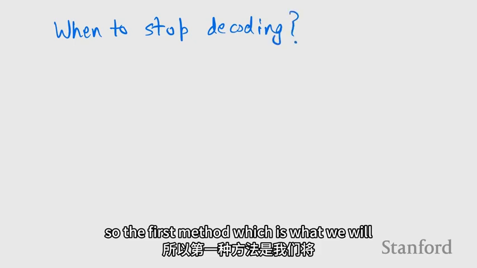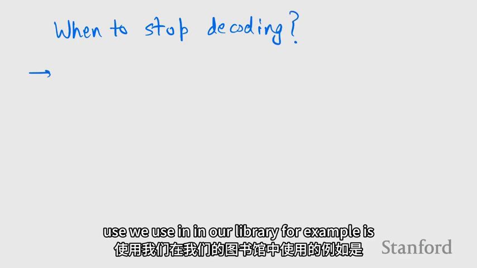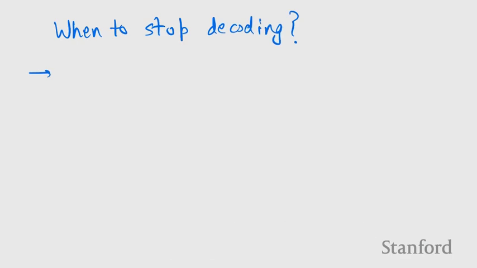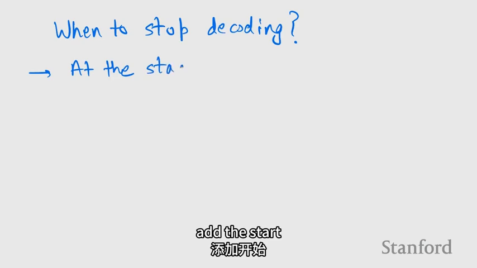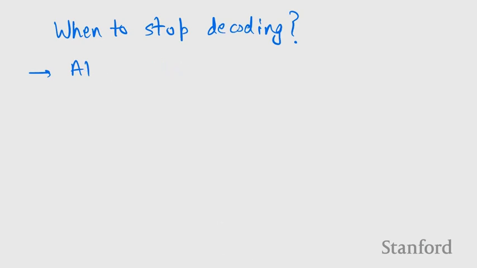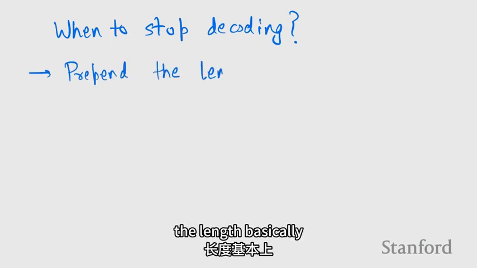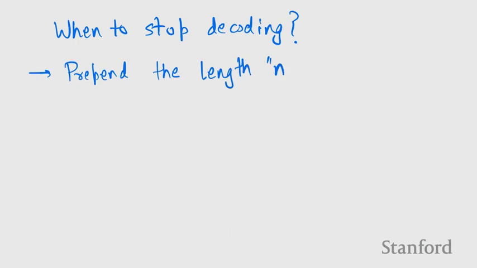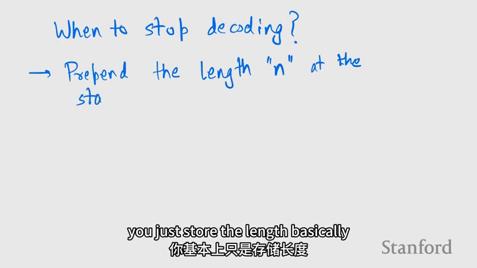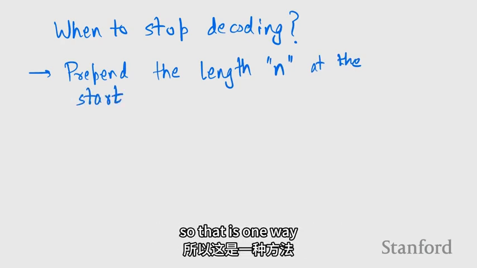The first method, which is what we use in our library, for example, is that at the start we prepend the length n. You just store the length basically. So that is one way.